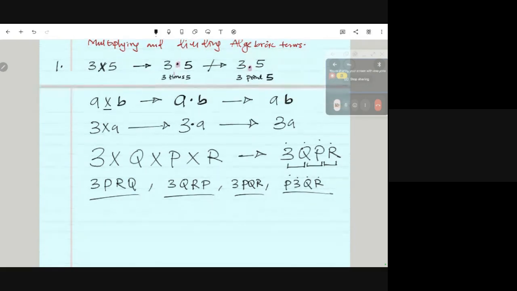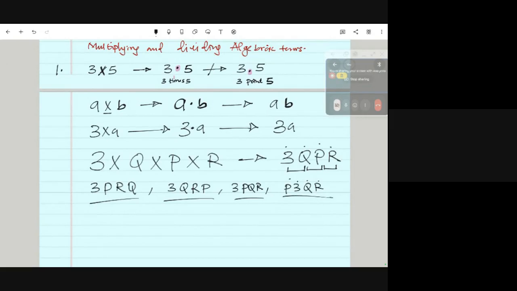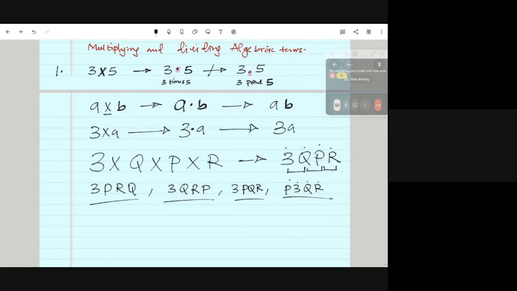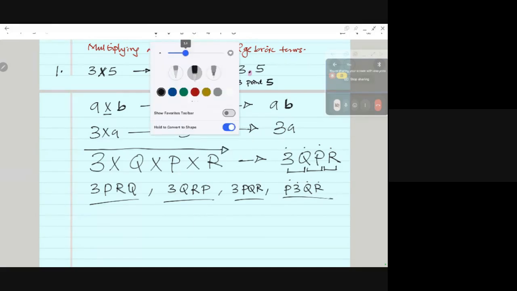But mind you, in mathematics, we like uniformity. The word uniform is something you wear in school to make everyone look alike. So in mathematics, we like solutions to be alike, to be uniform. So anytime we are solving questions like this, we ensure we follow a particular pattern.